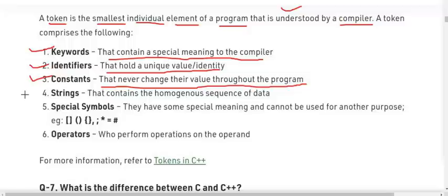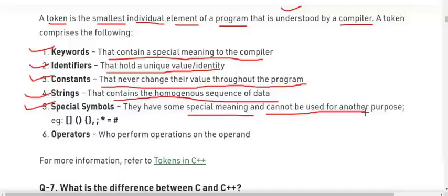Then we have string. It's a data type, you can say, that contains a homogeneous sequence of data. Then we have our special symbols. They have some special meaning and cannot be used for another purpose, like these bracket symbols, and then we have this multiplication equal.